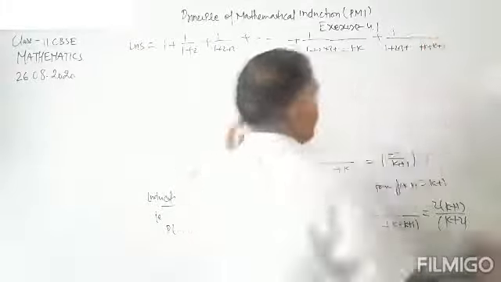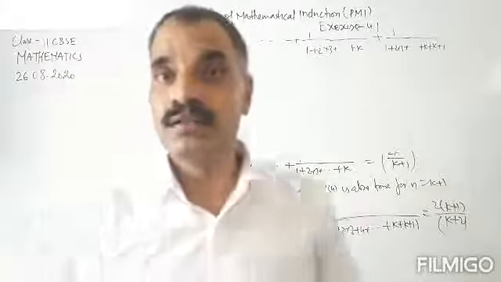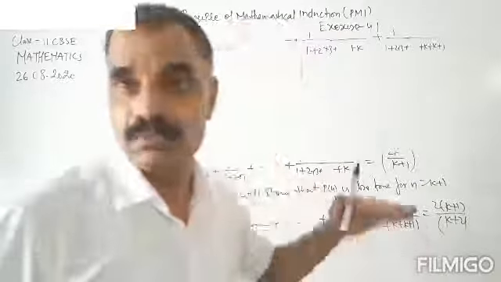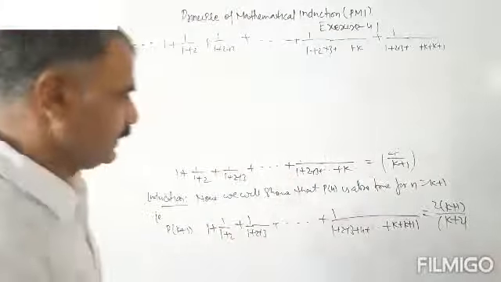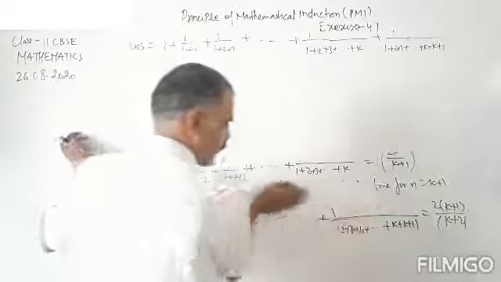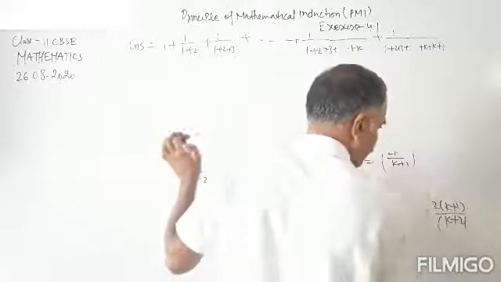Okay, this is the left hand side of the induction. Now we will show that this is equal to the right hand side, meaning this is equal to 2 into k plus 1 upon k plus 2.